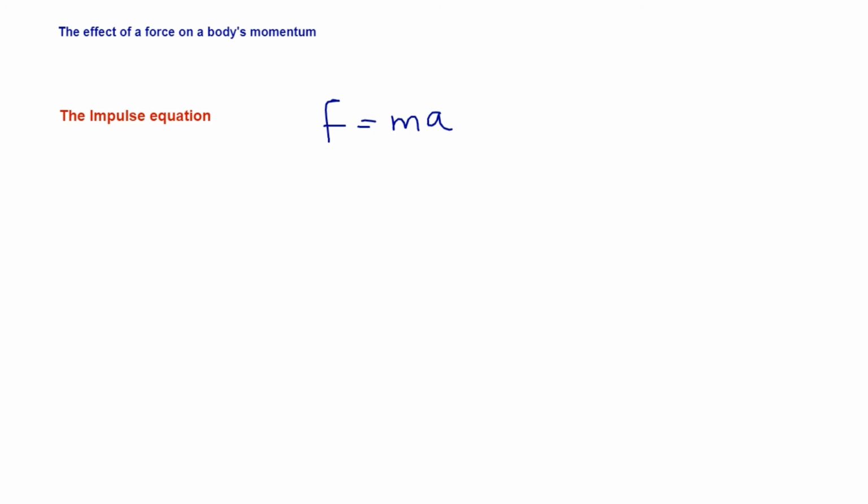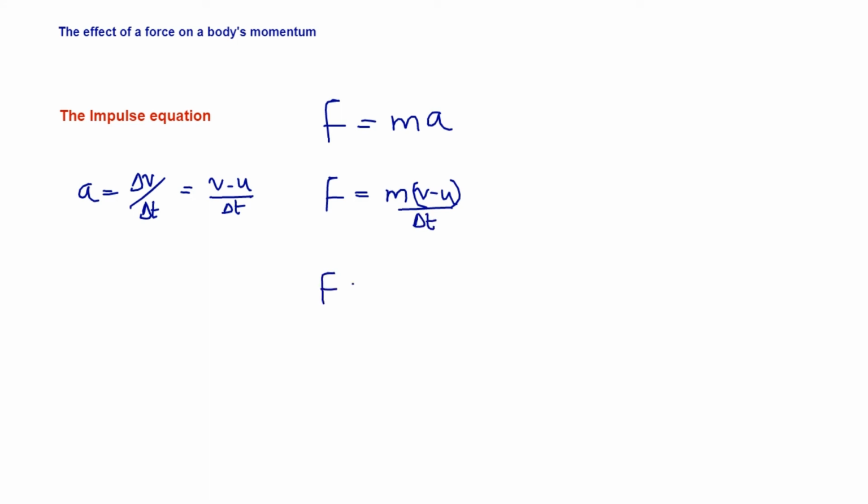F equals ma, and remember that a we can write as the rate of change of velocity, just like in the last little section. We can write that as v minus u over delta t, where v is the final velocity and u is the initial velocity. If we substitute that in, we get F equals m multiplied by v minus u over delta t.